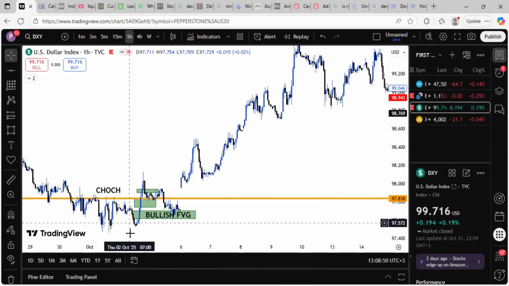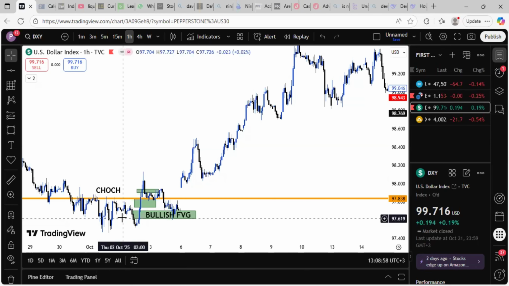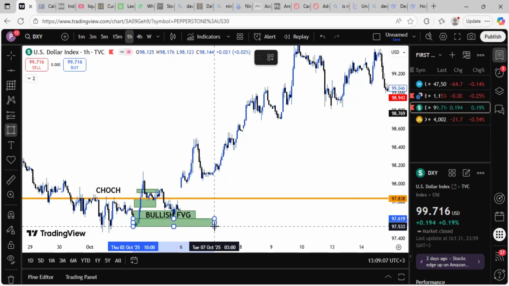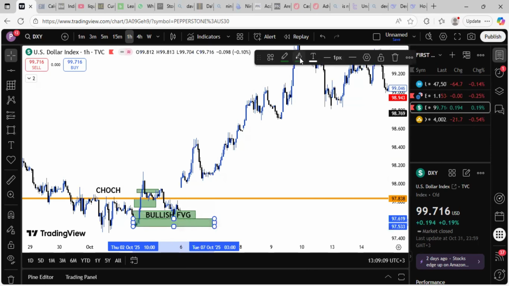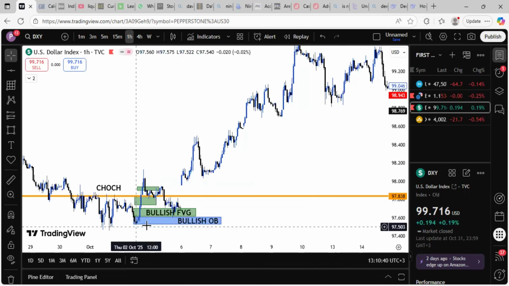We need to highlight the last candle that was formed before the market changed direction, the candle before the aggressive move. I'll highlight it in blue. We have the bullish order block. Now we can look for our entries.